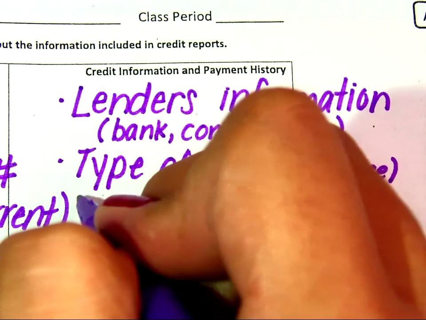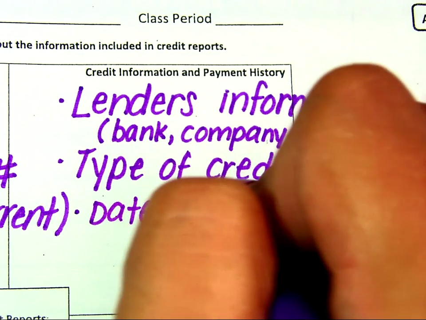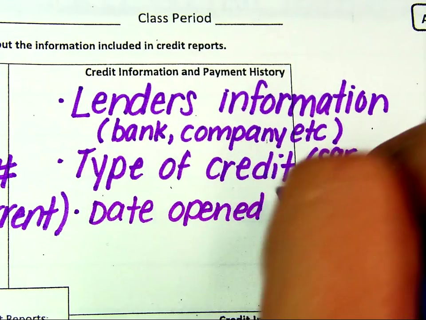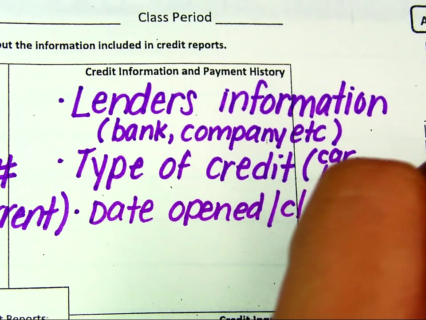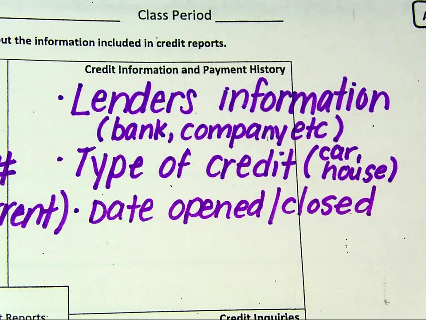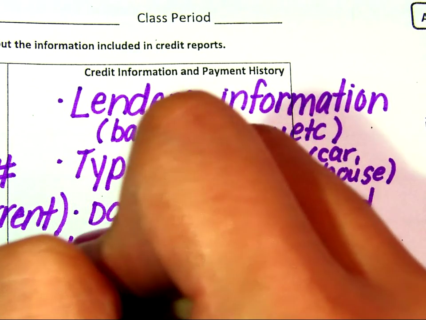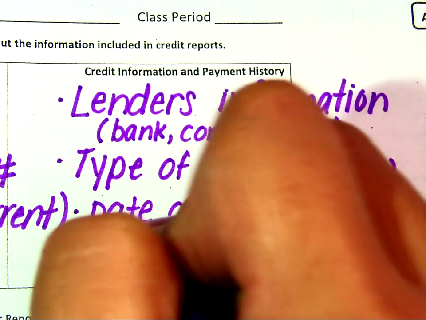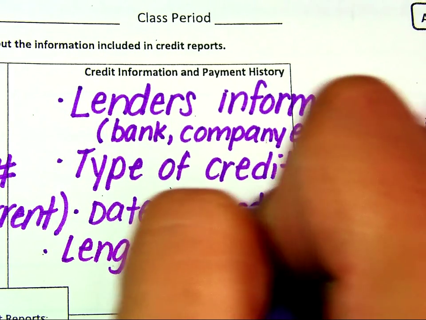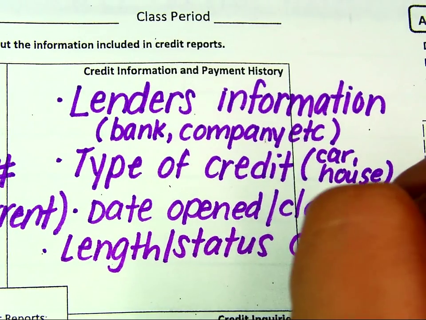It will always include the date you opened and closed the account. It will also include the length or status of your credit history.